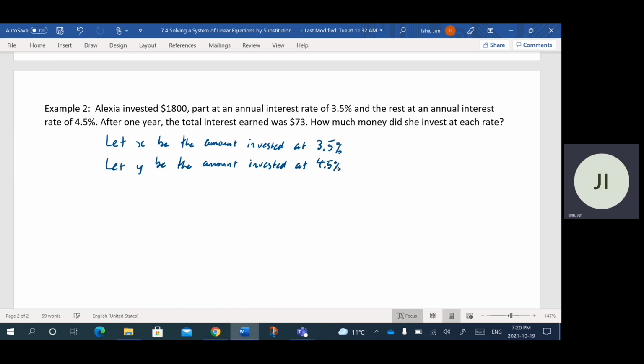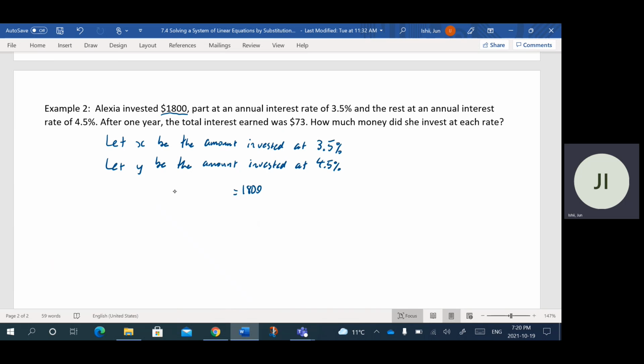So that's the other. That's what you're being asked to find: the amount invested at 3.5%, and the amount invested at 4.5%. Okay, so she invested $1,800. That's how we're going to come up with the first equation: the total invested was $1,800.